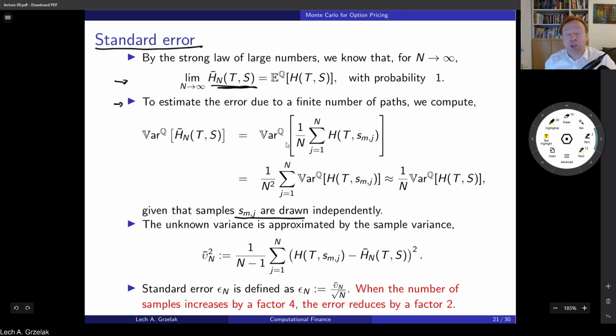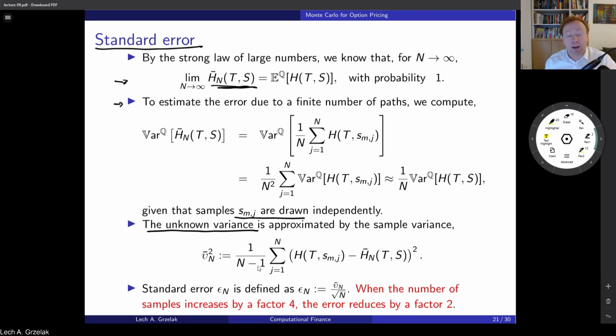This means that we can exchange the variance of a sum with the sum of variances, and this will be basically approximated by the variance. So you see, n is gone because it will be n times, and we have the variance of the payoff. Once we talk about the variance of the samples, the unbiased estimator of the variance of the mean is computed as follows.